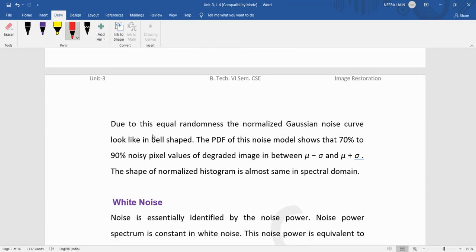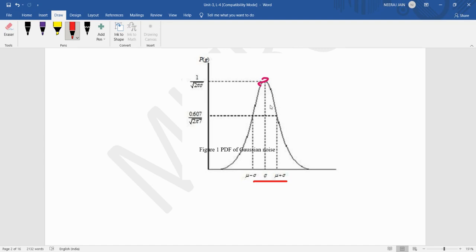Now, due to this equal randomness and the normalized Gaussian noise curve, like a bell shape, the PDF of this noise model shows that 70% to 80% of noise pixel values of the degraded image lie between mu minus sigma and mu plus sigma. As shown here, most of the degraded pixels are available in this part.